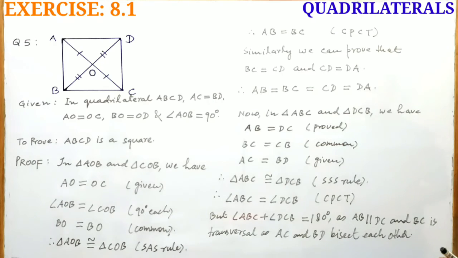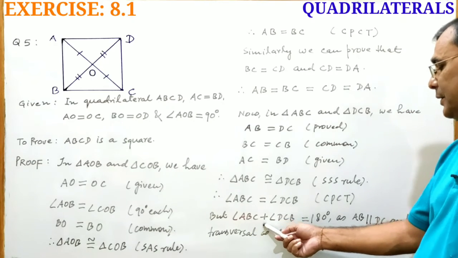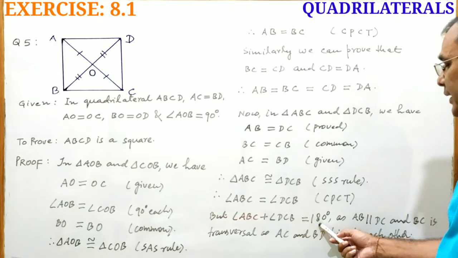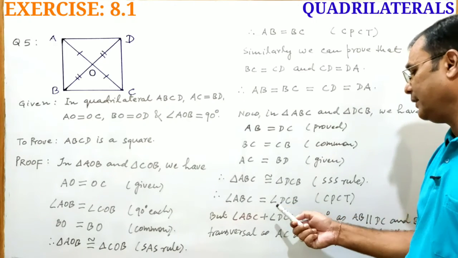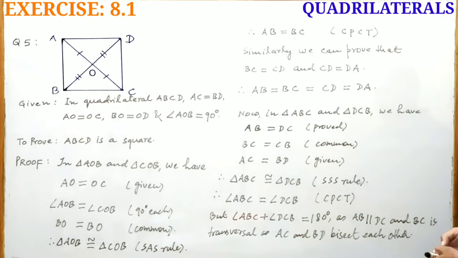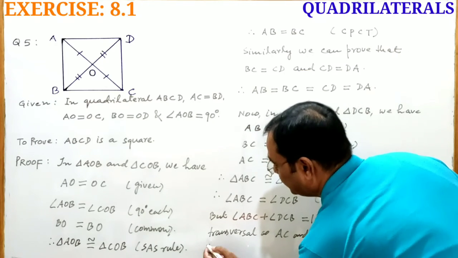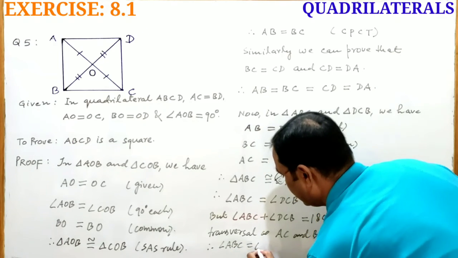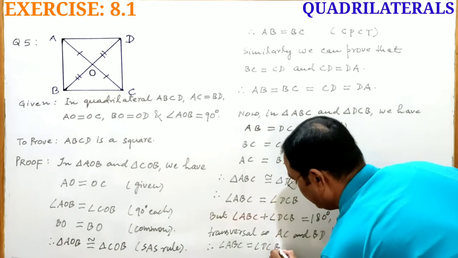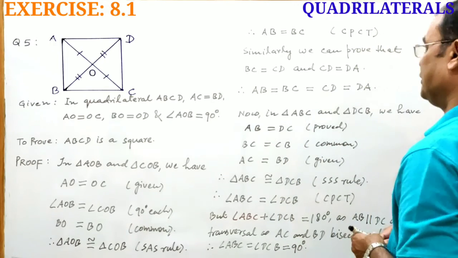Therefore, ABCD is a parallelogram, and using this property of parallelogram, we have written angle ABC plus angle DCB equal to 180 degrees, and before this we have proved that these angles are equal. So, angle ABC is equal to DCB is equal to 90 degrees each.